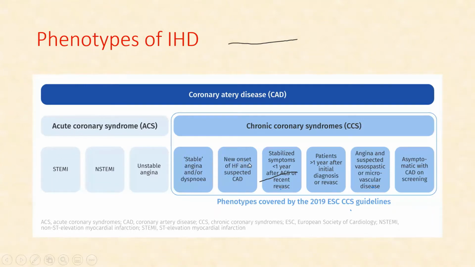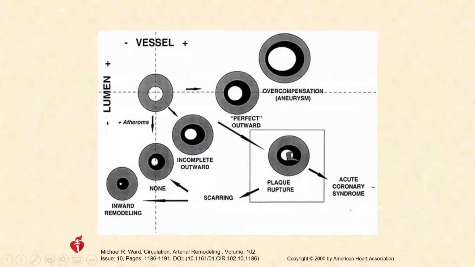New onset heart failure with suspected coronary artery disease, stabilized symptoms after acute coronary syndrome and recent revascularization, patient more than 1 year after initial diagnosis or revascularization, angina of vasospastic or microvascular origin, asymptomatic patient with coronary artery disease on screening. These are all different phenotypes of chronic coronary syndrome.